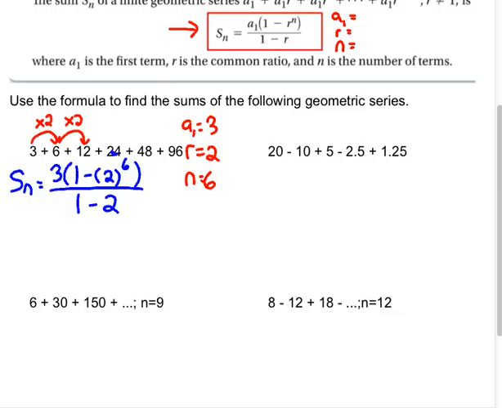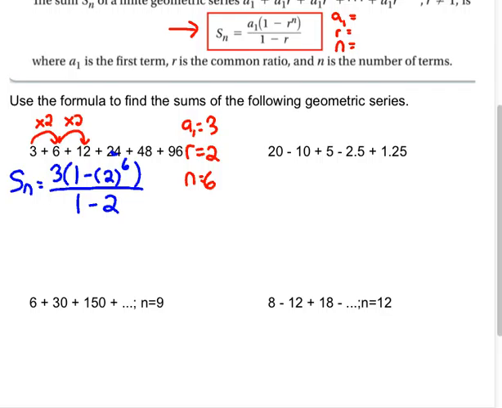Okay, so the biggest thing here is most kids can put it in the formula. Okay, this is not the issue. The issue is now getting this to be an answer. All right. So let me show you how to appropriately plug this into the calculator so you can always get the answer right.